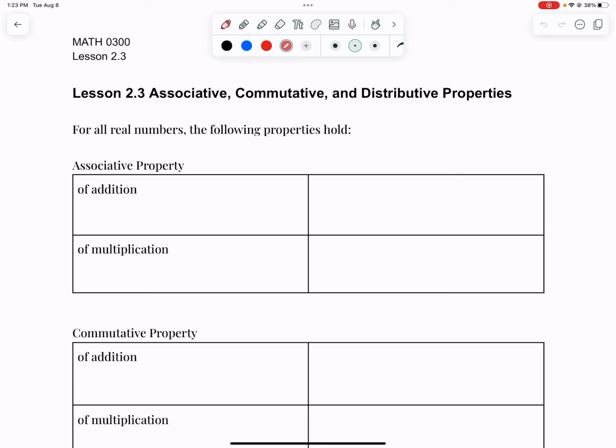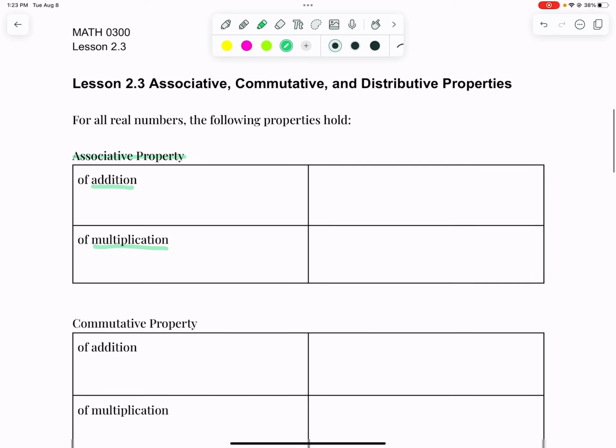Each one of these, if you look down your list, has two pieces. So the first one is the associative property, and you'll notice it has addition and multiplication.